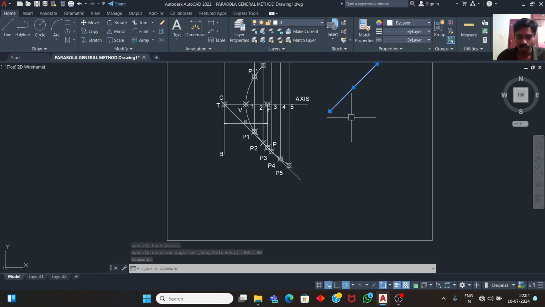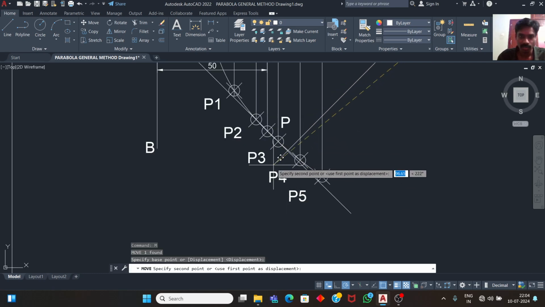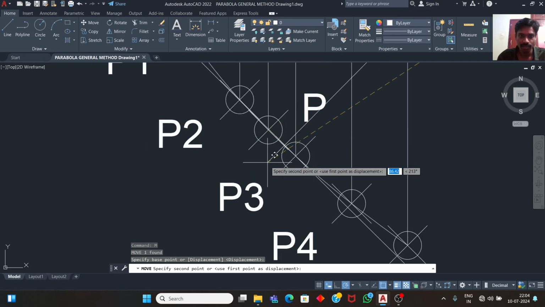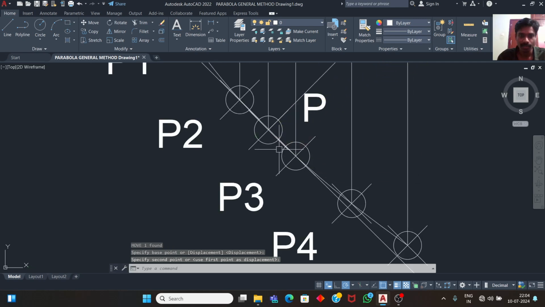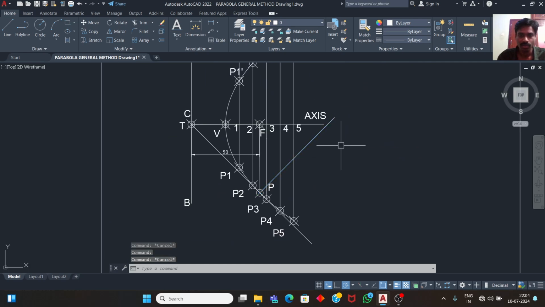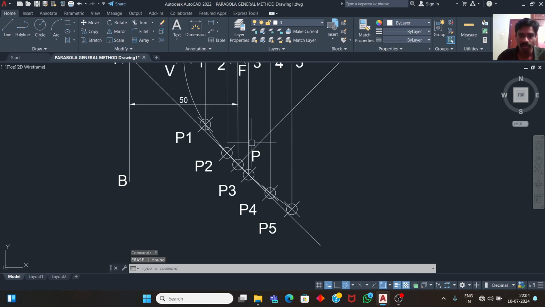Okay, move this line to this point where we have the point P. We don't want this line. Okay, this is the normal line, this is the tangent line.